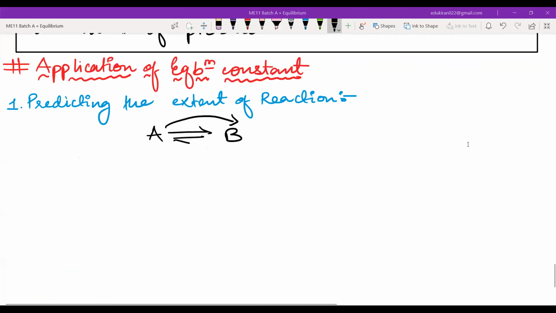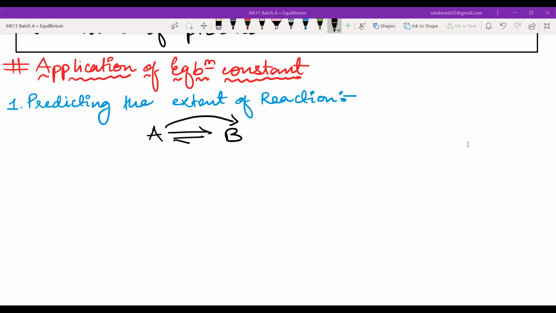So extent of reaction means A has to cover a journey and reach the point B. Imagine it like this. If I start with 10 moles of A and all 10 moles reach B, then the extent of the reaction is very high.